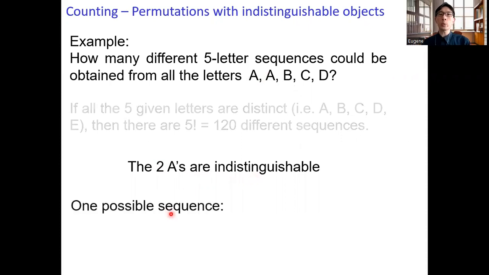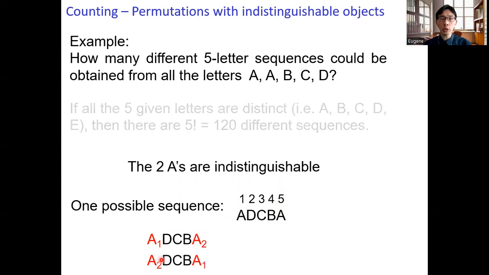Consider one possible sequence out of these 5 letters. We can have the sequence A, D, C, B, A, where the 2 A's are in the 1st and the 5th position. If the 2 A's are distinct, we can have A1 in position 1 and A2 in position 5, or A2 in position 1 and A1 in position 5.